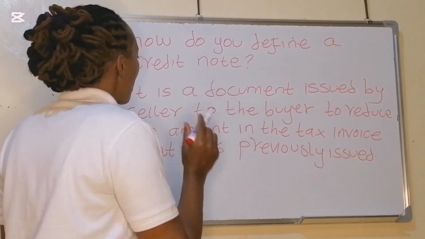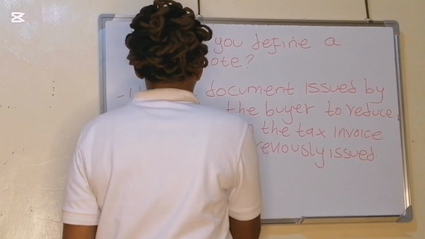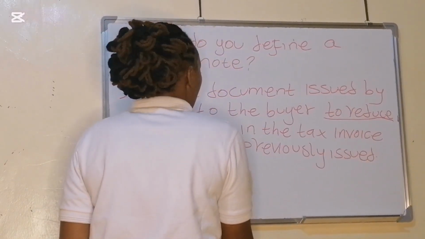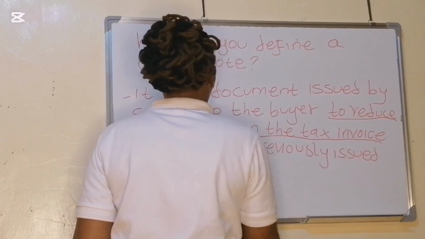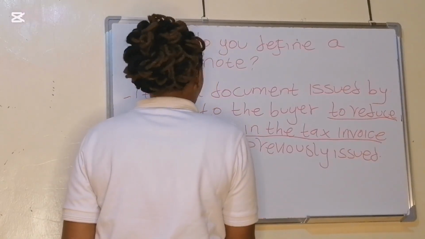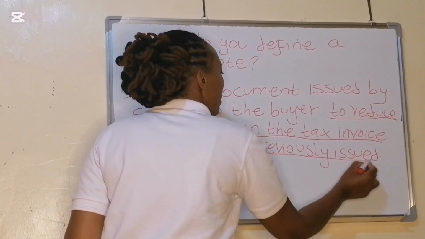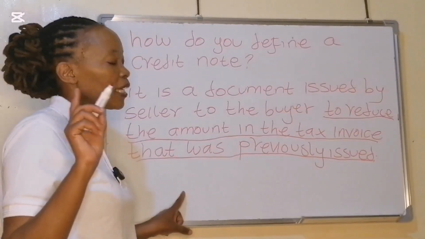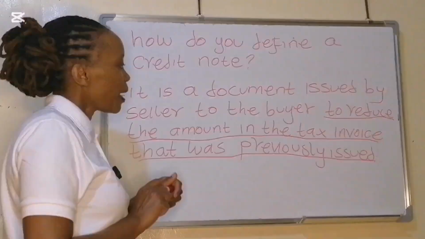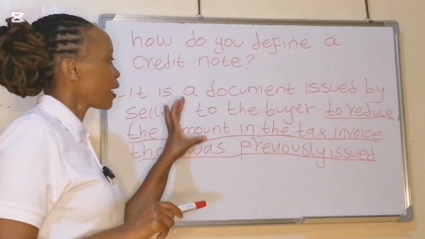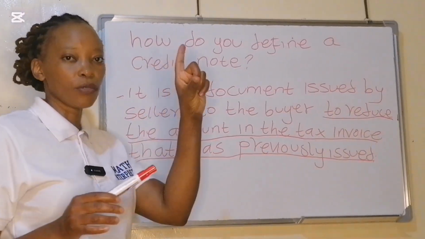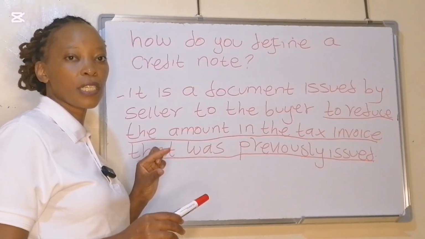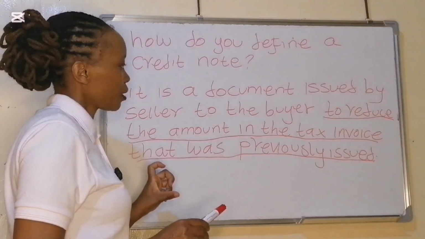You issued an invoice, but you found you are supposed to reduce the amount in the tax invoice. You don't write another invoice. You write the credit note to reduce the amount, okay?